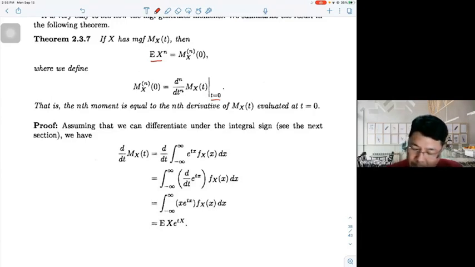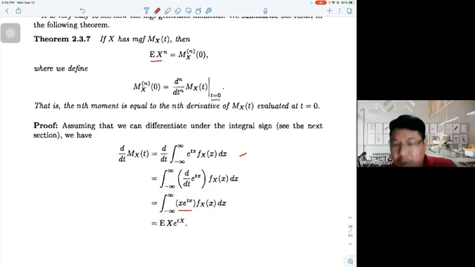So first step here is just by substituting what is our moment generating function of X, and then interchanging the derivative as well as the integral. So we can differentiate under the integral sign. And then if we're going to take the derivative of e to the tx with respect to t, then we have these results.